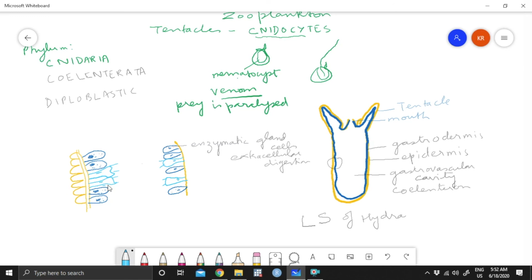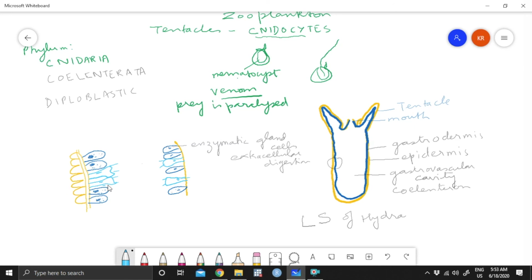What do they do? With the help of the flagella, whatever food and water is there is continuously being churned up and down, so it helps in digestion. Also, the pseudopodia can be used to grab the food. Whichever food has not been digested will be grabbed by phagocytosis.